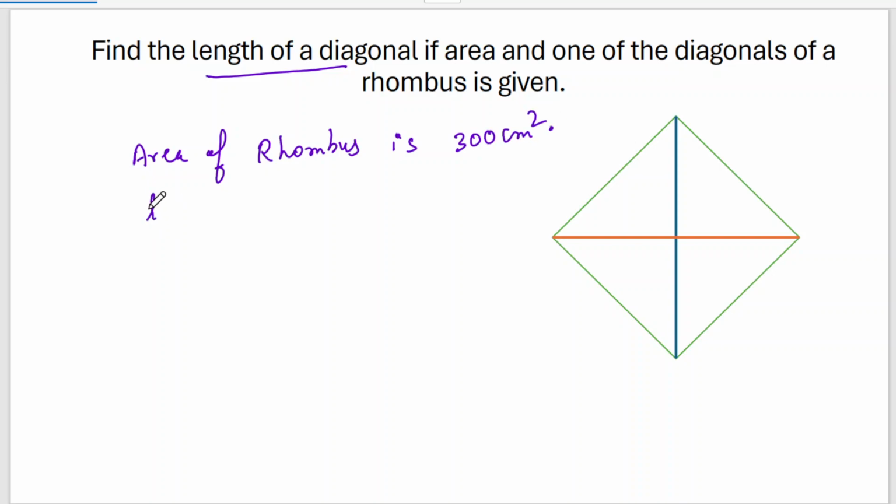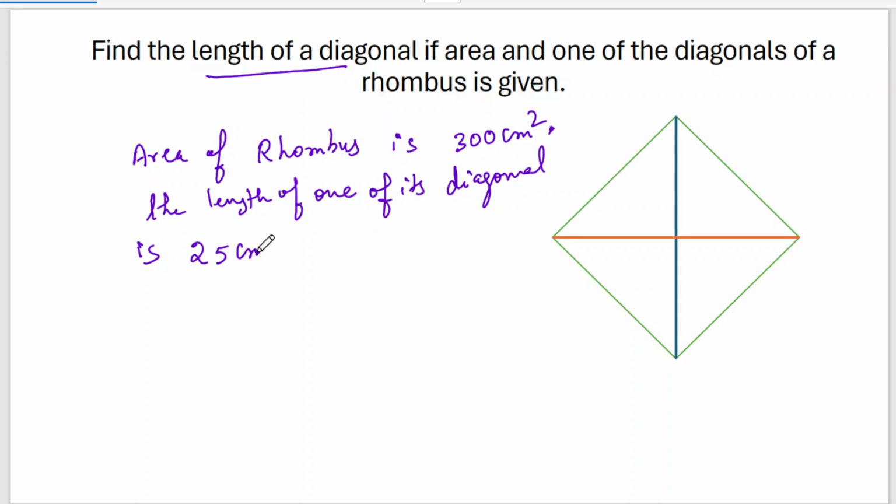The length of one of its diagonals is 25 centimeter. Find the length of the other diagonal.